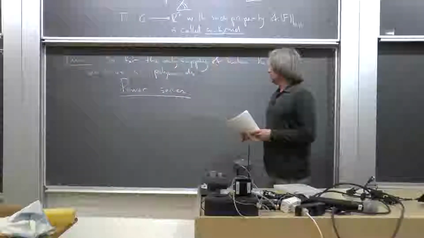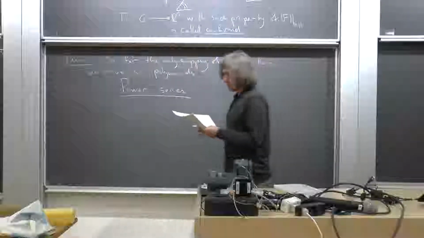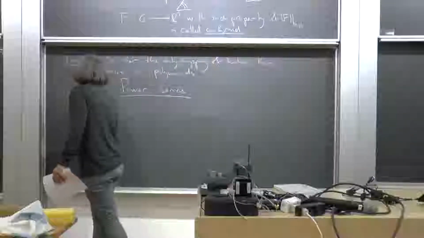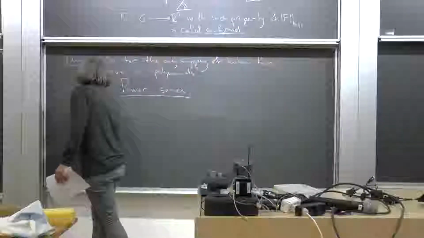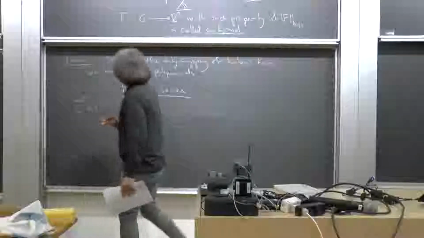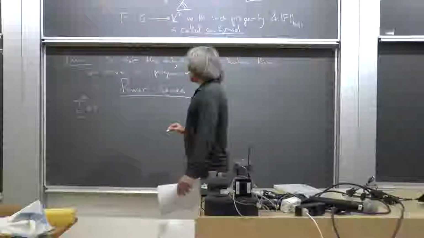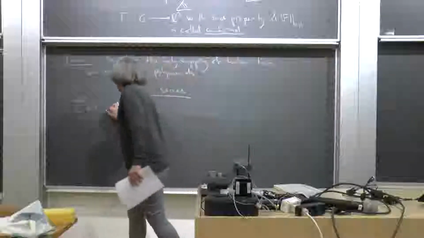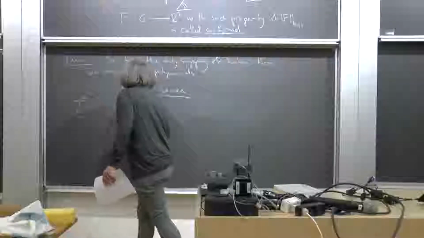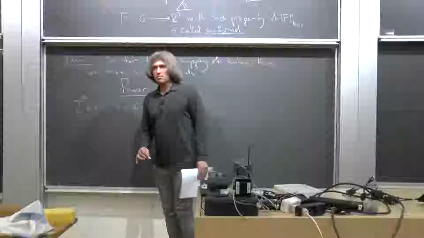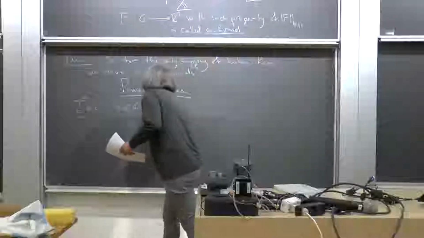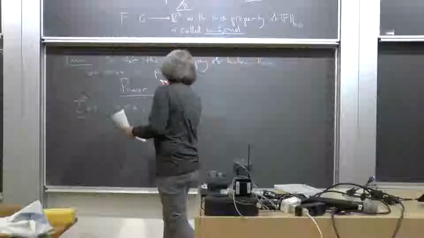So a power series is a formal expression of the form... So in the formal expression all coefficients are complex numbers and z is a variable, but to make it informal we can say that z is also a complex number.